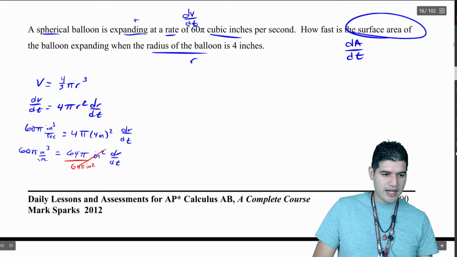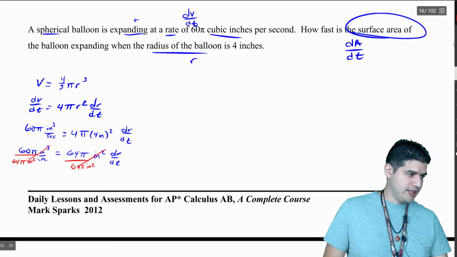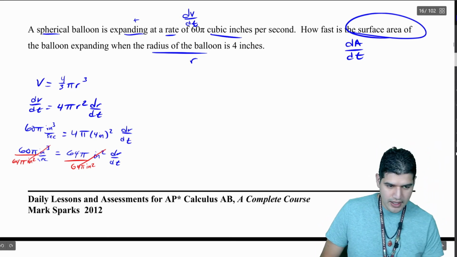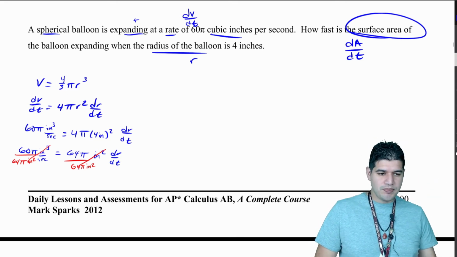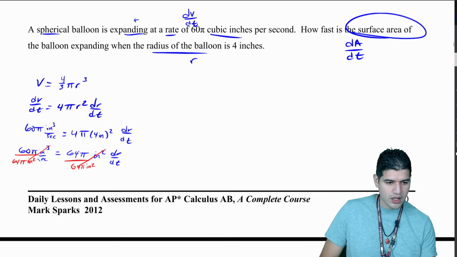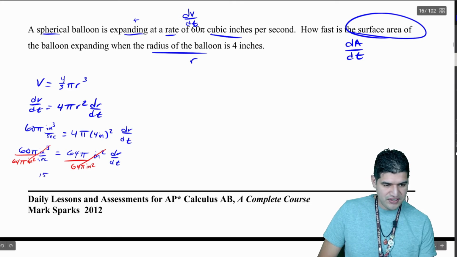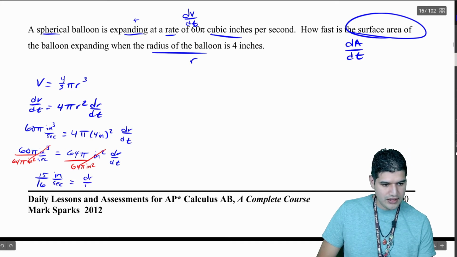All that's going to divide out, and same thing over here, 64 pi square inches. So 3 minus 2, that's going to get me inches over seconds. So 60, the pi's are gone because they divide out. That's going to be 1. So 60 over 64 simplifies to be 15 over 16 inches per second equals dr/dt.